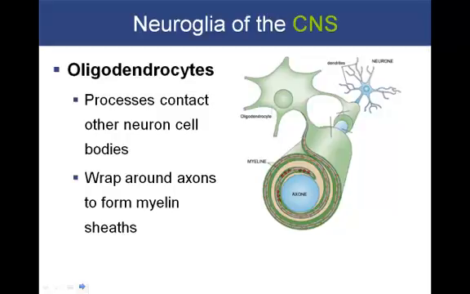The oligodendrocytes have processes that extend from the cell body. These are very long, flat, pancake-like structures that will wrap themselves around an axon, creating what is known as the myelin sheath.